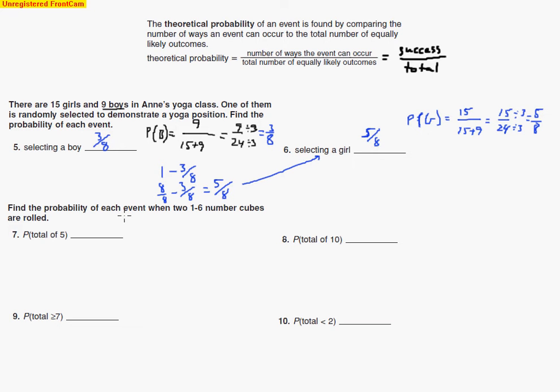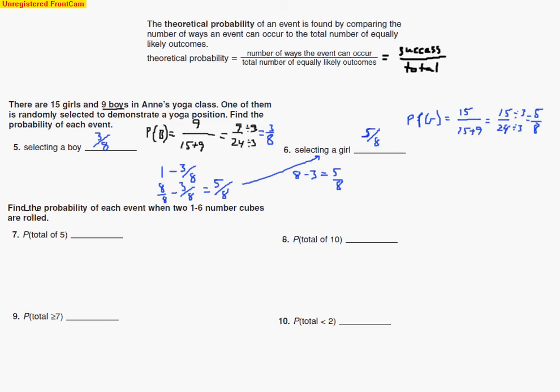So a couple different ways you can do that problem. One more real quick: if you have 3 out of 8, then you just subtract the amount that you had of boys from the total, and that gives you the amount of girls, 5 out of 8, because it's always the number of girls out of the total.